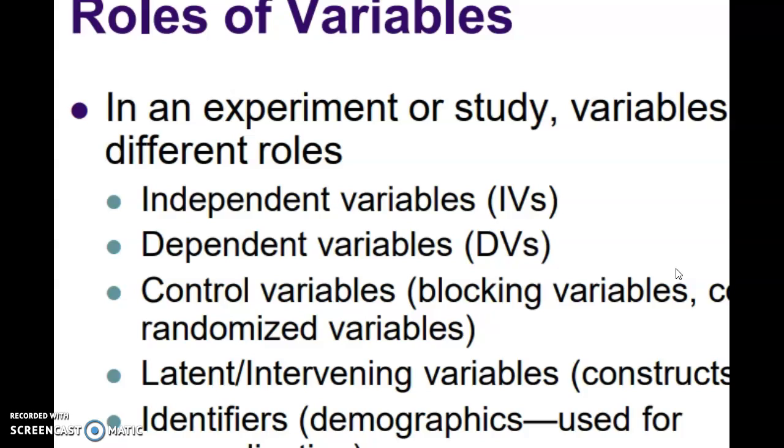So let's say we're looking at the relationship between bad supervision and employees' turnover. Employees' turnover will be our dependent variable, and the independent variable would be bad supervision, because that's a variable that's actually manipulated.